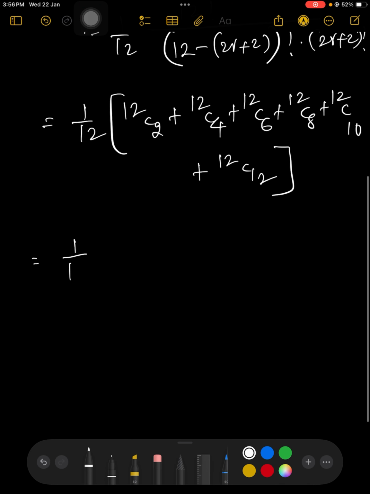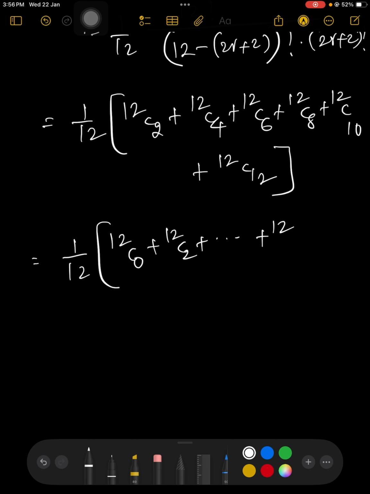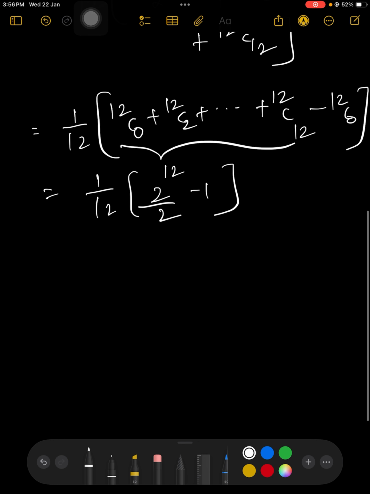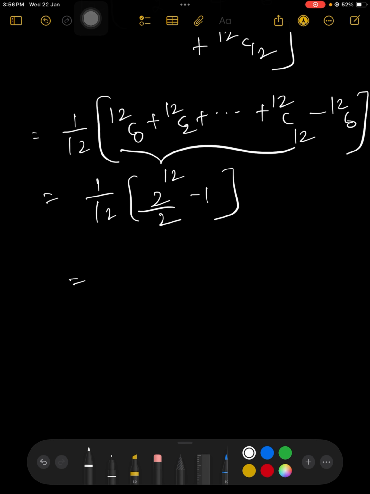Then here something is missing, that is 12c0, then you can add 12c0 plus 12c2 plus and so on plus 12c12 minus 12c0, then it is 1 by 12 into 2 power 12 minus 2 power 12 divided by 2, because this is the half term only. Then 2 power 12 divided by 2, that is 1 by 12 into 2 power 11 minus 1.